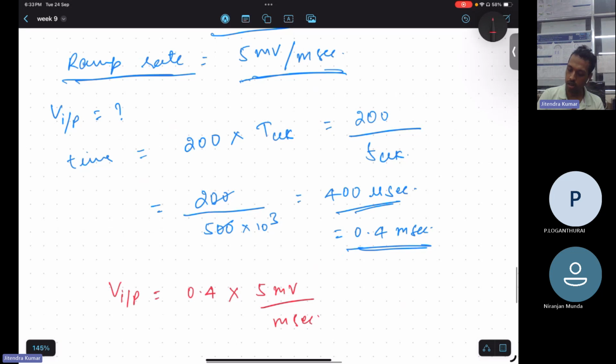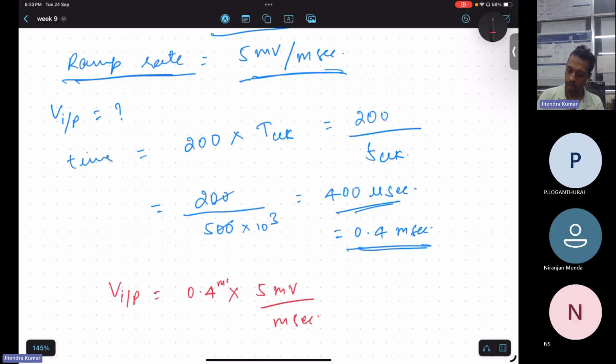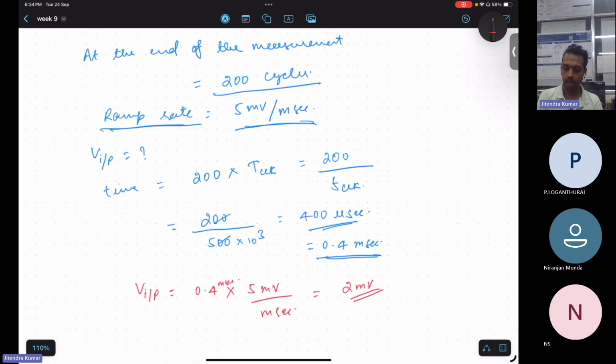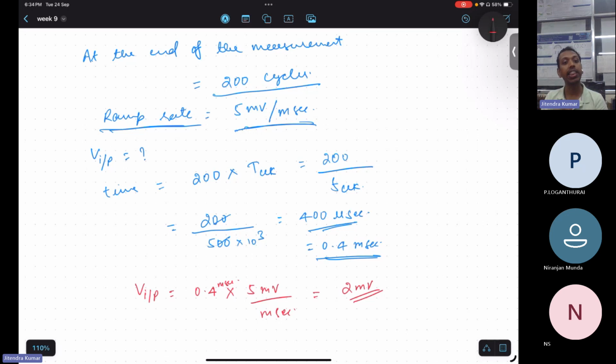So how much will be the input voltage? 2 millivolt, isn't it? So did you get this part? How are we measuring with the help of a linear ramp type voltmeter? Any doubt in this part?